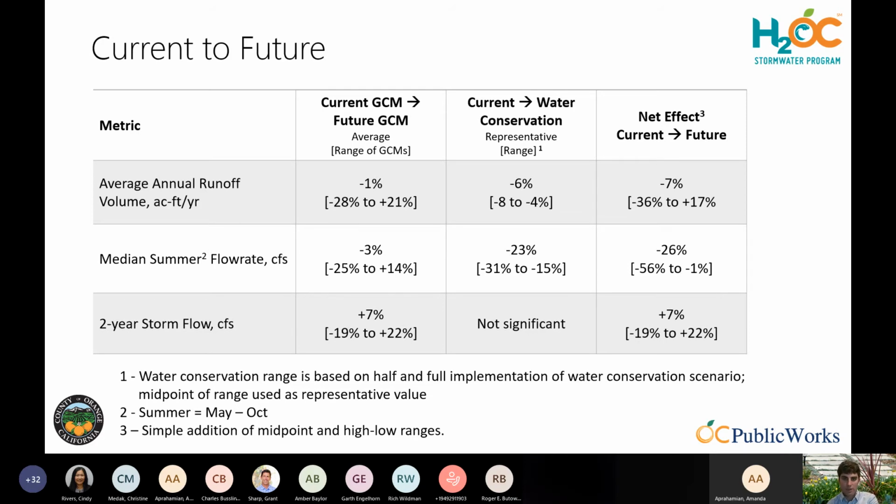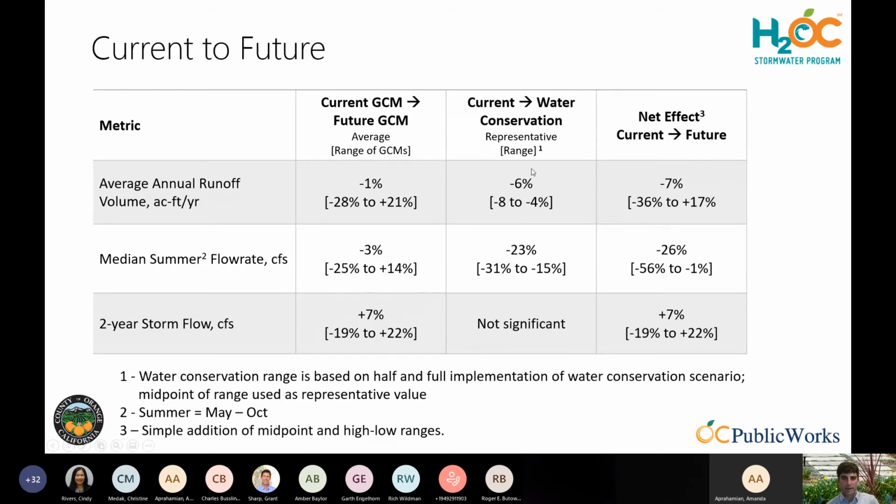So for water conservation, instead of looking at only the upper limit here, we took a midpoint sort of between half the water conservation and the full water conservation. So you see 8% was what we had estimated, and half of that would be 4%.